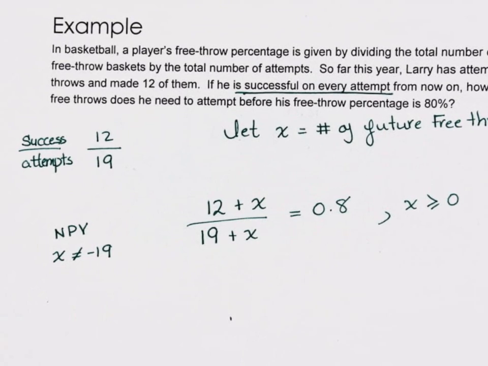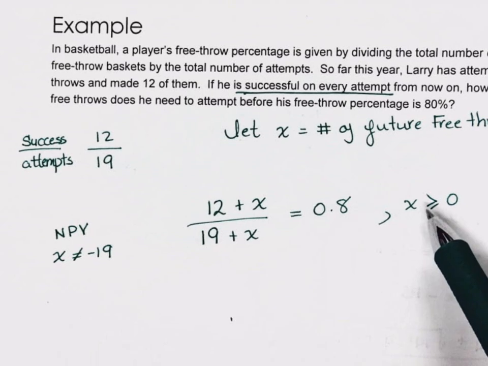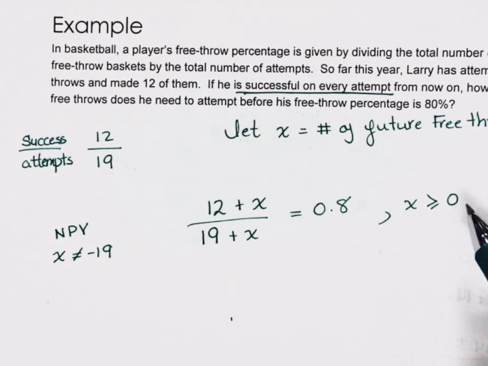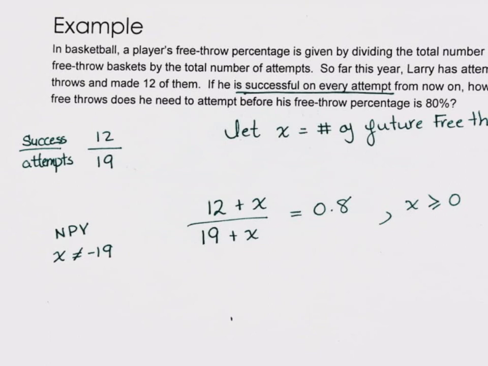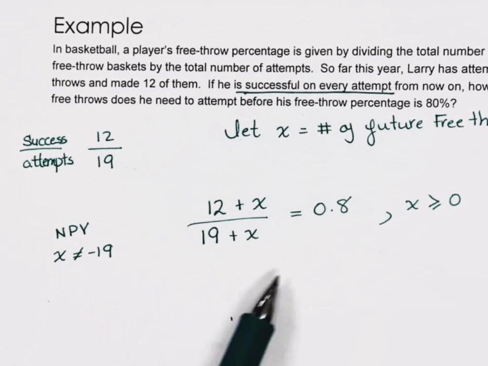And why would that restriction work? Can I have a negative free throw? Can I take one away? No. So I'm going to say that x has to be positive. So it's not a non-permissible value, but you're restricting the domain. So x has to be greater than or equal to 0. I could take no free throws. The reason why we need this is because if we get another answer, we'd probably reject it so that the denominator doesn't equal 0.